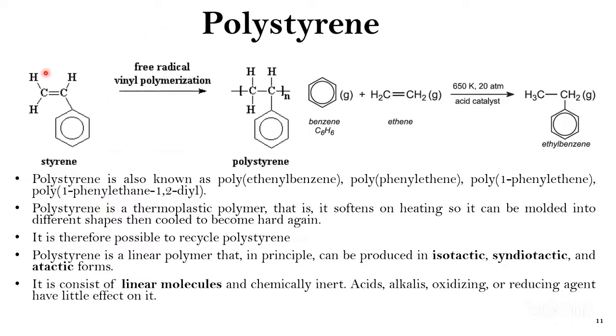If you see the structure of polystyrene, the attachment is there, another C, and H H. This will be your monomeric unit and this will continue, but this part will remain as it is. That is the reason I told you the double bond will take part in your polymerization process.